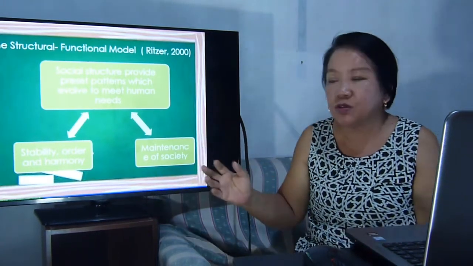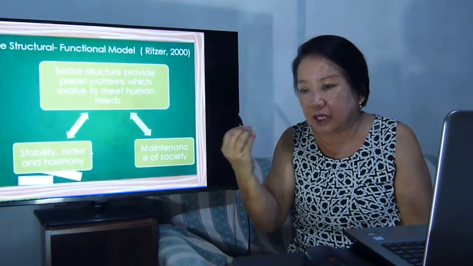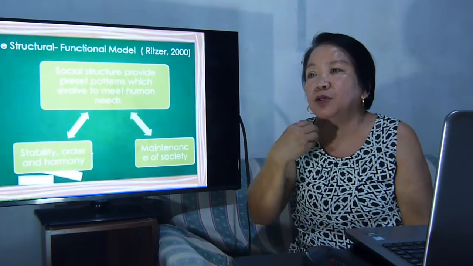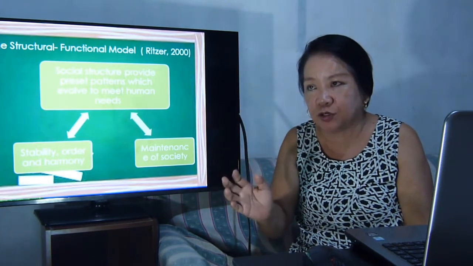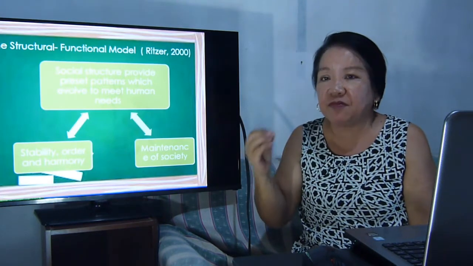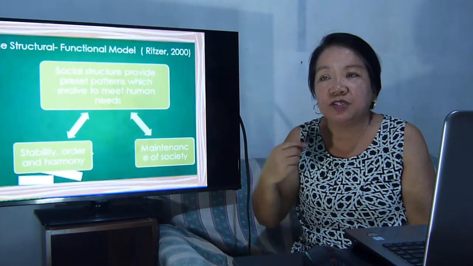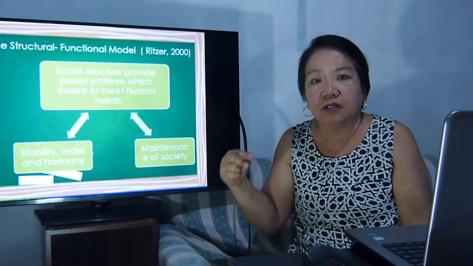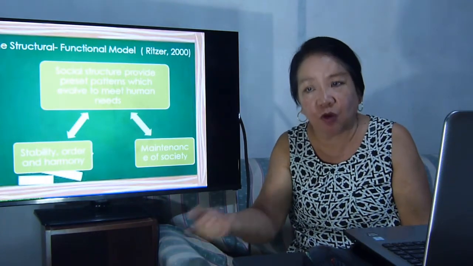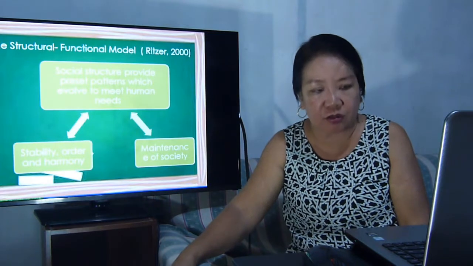Ma-maintain yung ating society. So, in other words, you ask yourself, are you part of a something, an organization, or a structure? Yes. As a member of the family, do you consider yourself as one part of the structure? Sabihin mo, o kaya sa church mo, yes. So therefore, the challenge is, you have to function well.